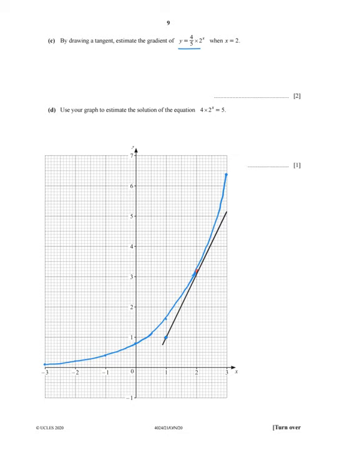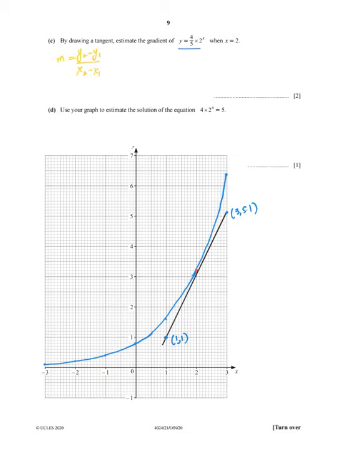So the first point I pick here is 1, 1, and the other point I'm going to pick, let's suppose this value. So the x coordinate is 3 and the y coordinate is 5.1. The working formula to find the gradient is y2 minus y1 divided by x2 minus x1. That is your gradient.